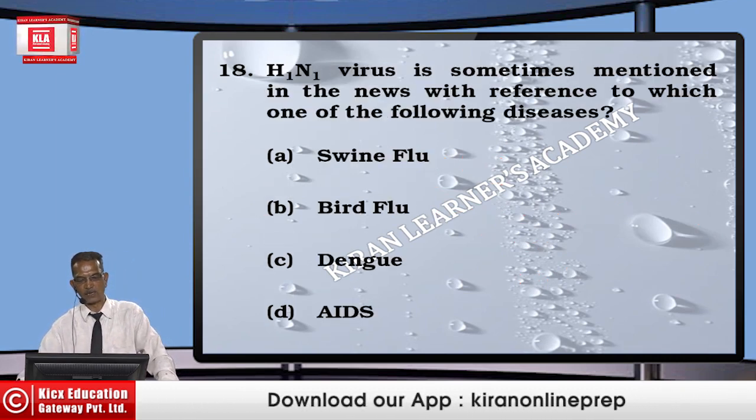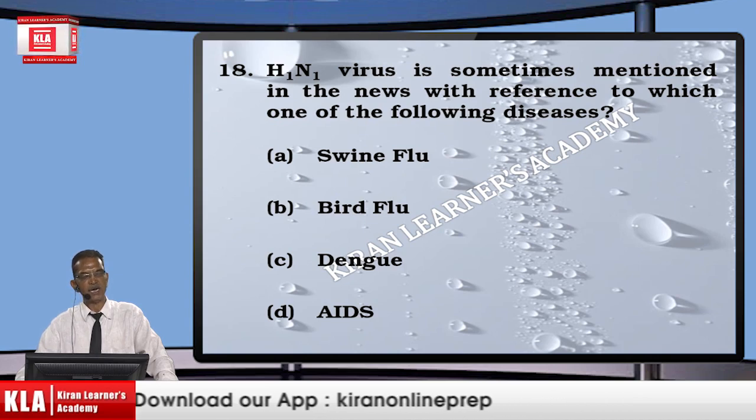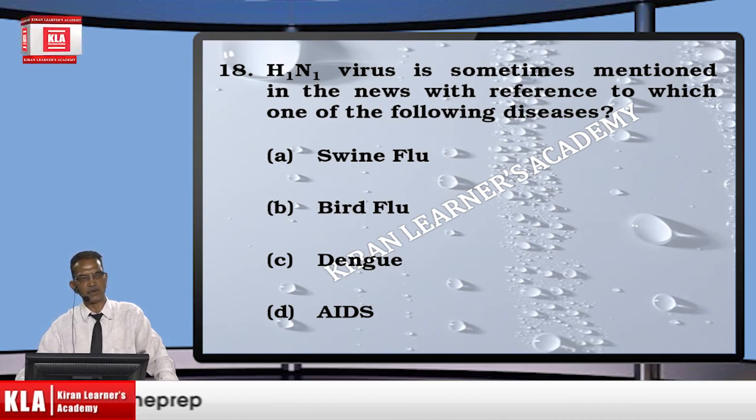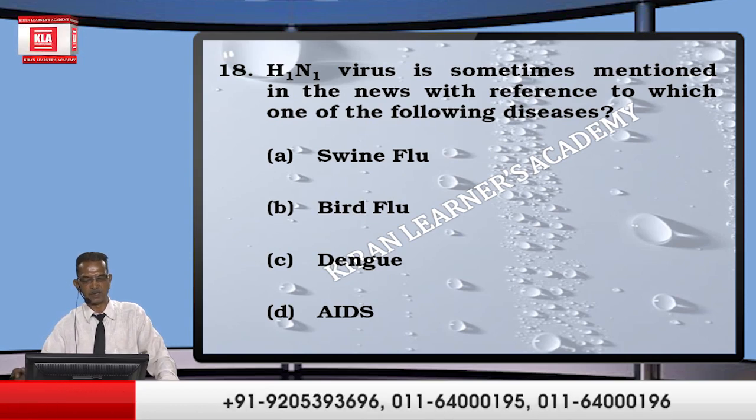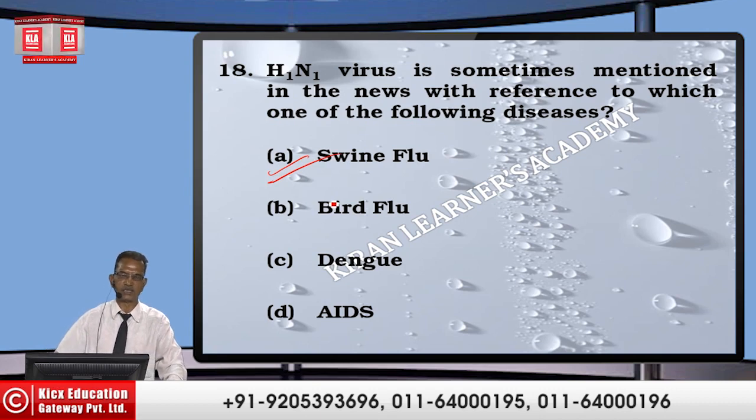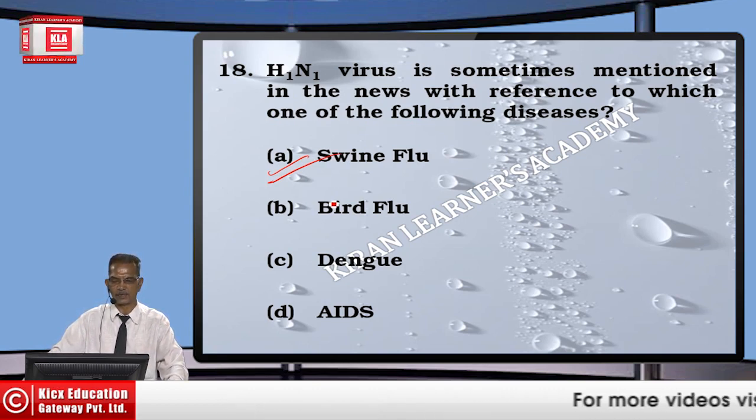Next, the H1N1 virus is sometimes mentioned in the news with reference to which of the following diseases? It can be H1N1 or H1N5. The disease is none other than swine flu. Swine flu is the disease which is associated with the H1N1 viruses.